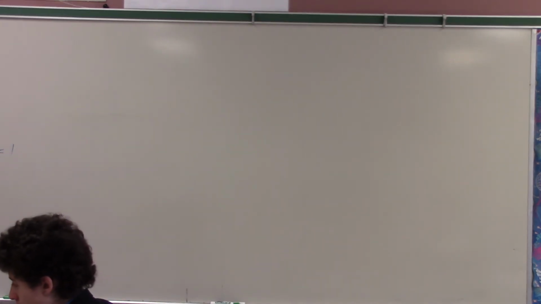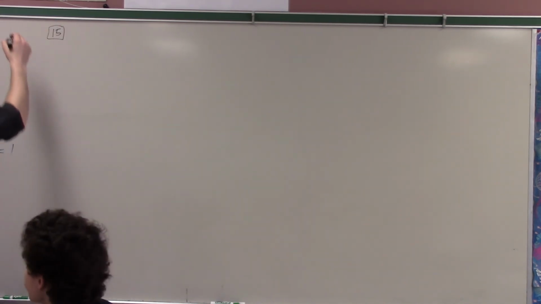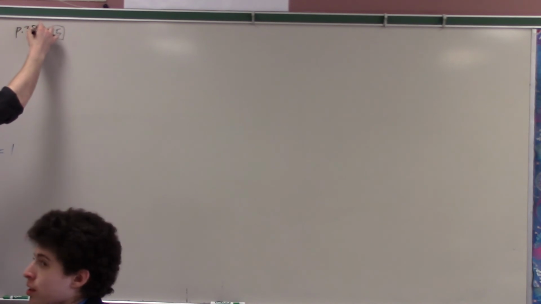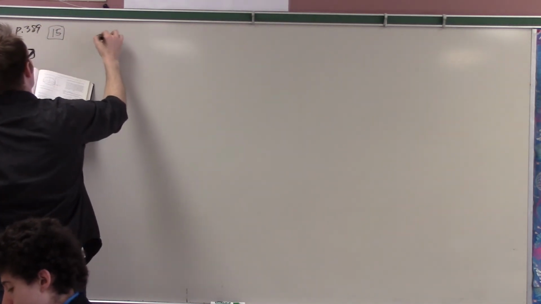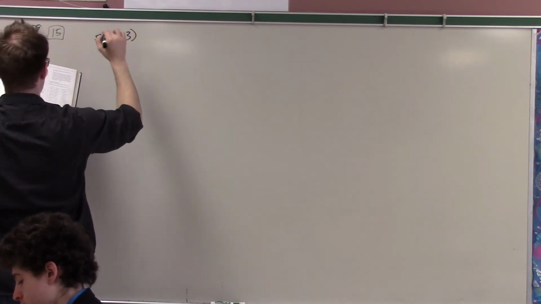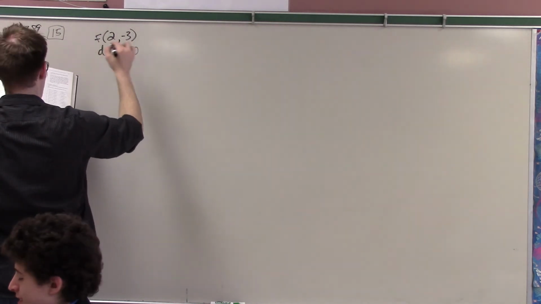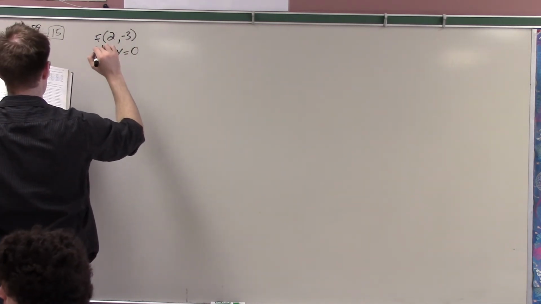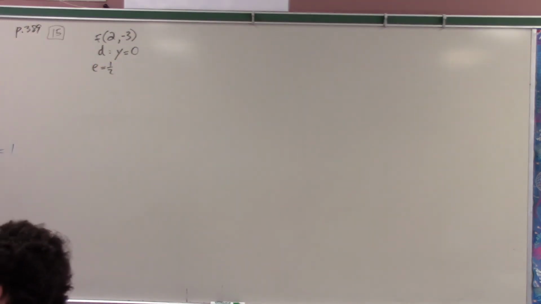So, is the camera positioned over here? Okay, so this is 15 on page 389. It says that there is a focus at (2, -3), and the directrix is y equals 0, and eccentricity equals 1/2, which means it is going to be an ellipse.